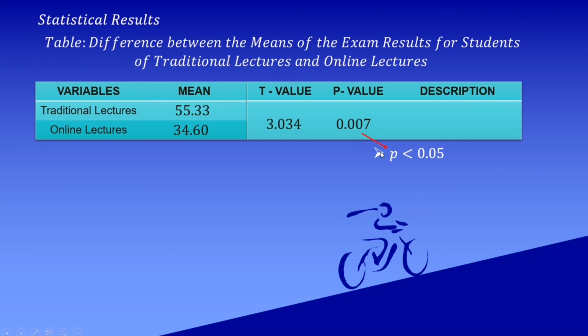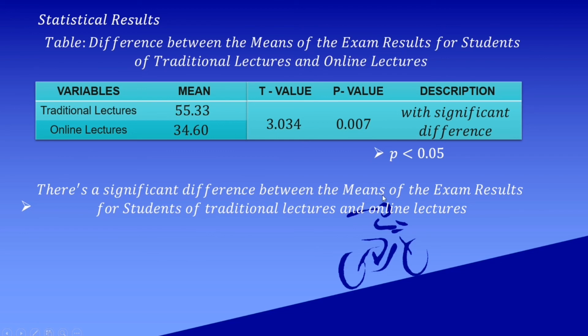But the p-value here is less than 0.05. So mas mababa ang p-value natin kaysa 0.05. So we can accept the alternative, and we can reject the null hypothesis in favor of H1, with significant difference.